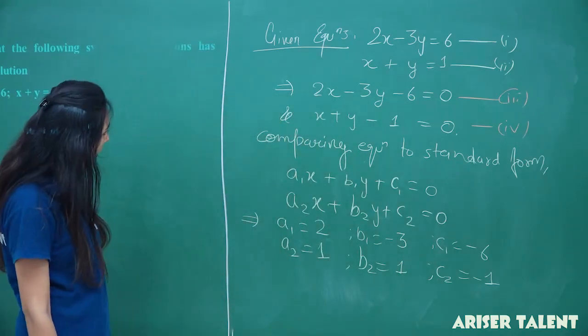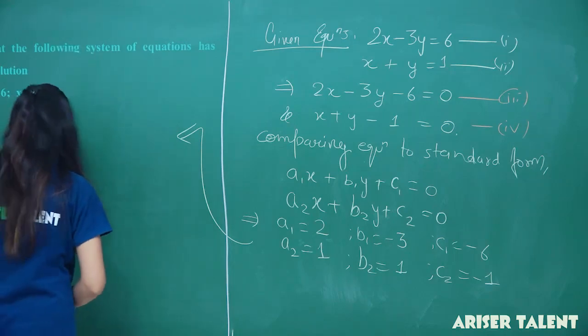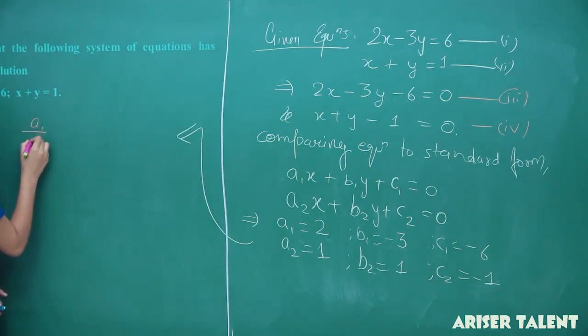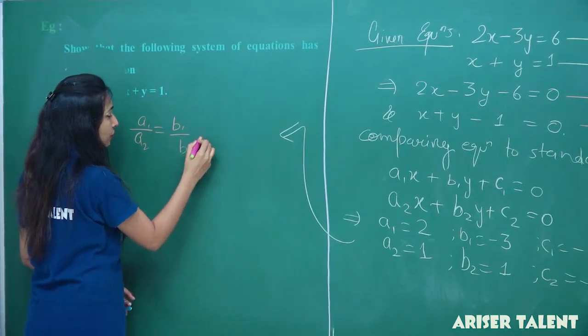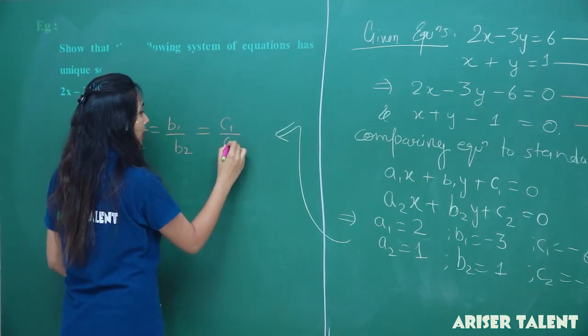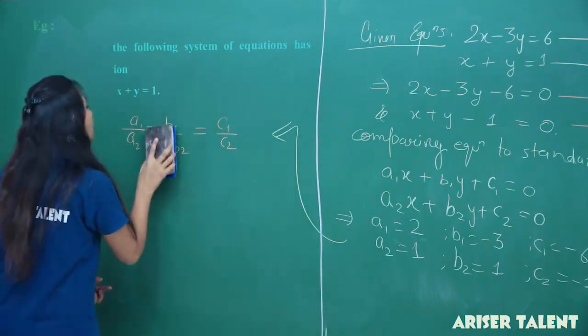Alright. So now what are you looking for? Come here, and what you have is A1 by A2 equals B1 by B2 equals C1 by C2. In this case, not equal.